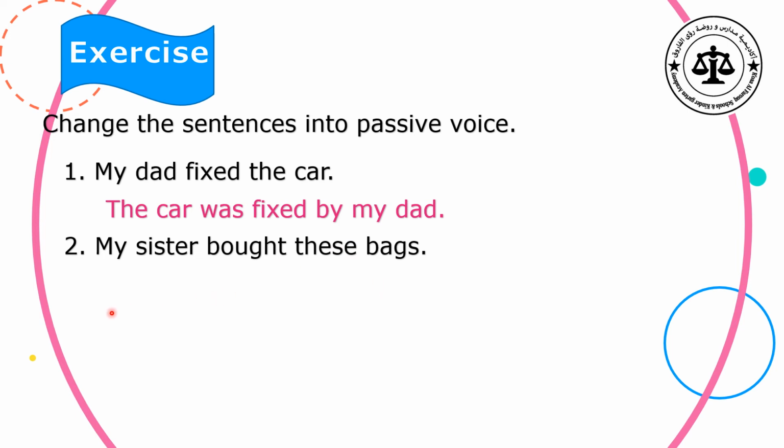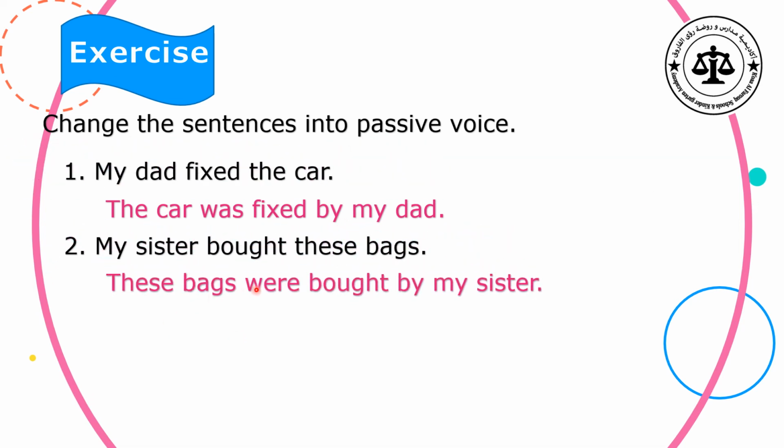We will start our new sentence by using these bags. Okay. These bags, singular or plural? Excellent, the plural. So we will use what? Was? No, were. So the sentence will be, these bags were bought, verb 3, by my sister.